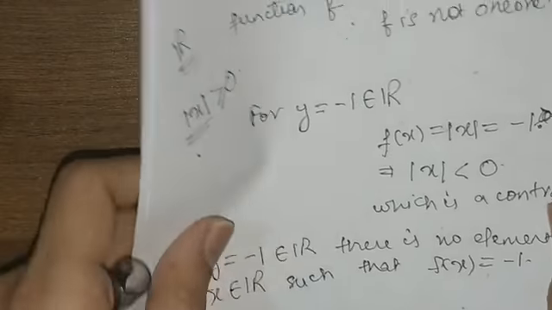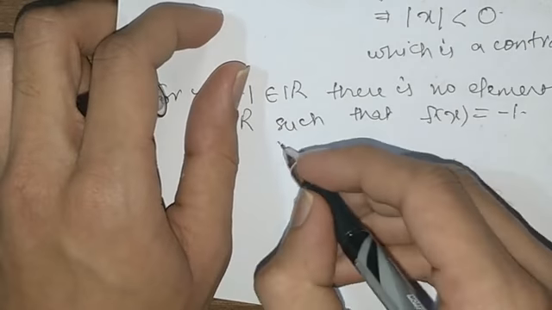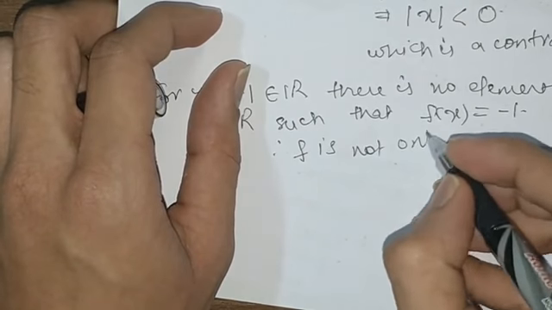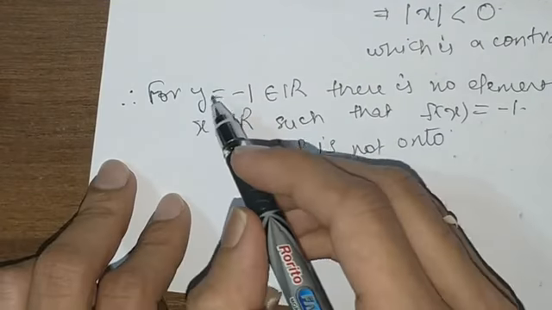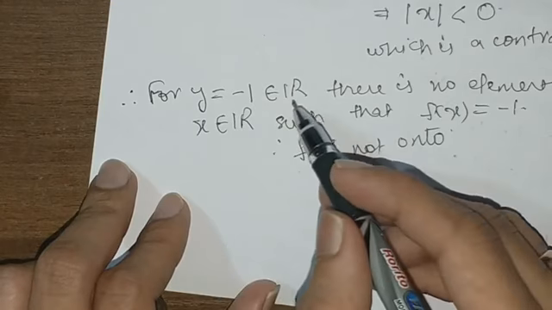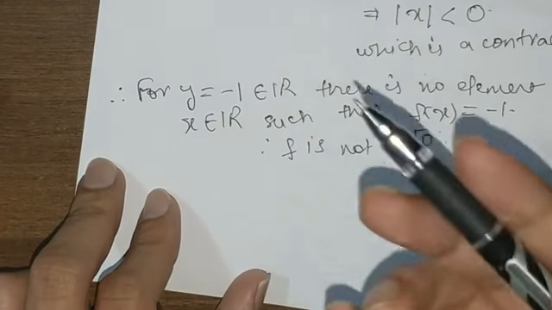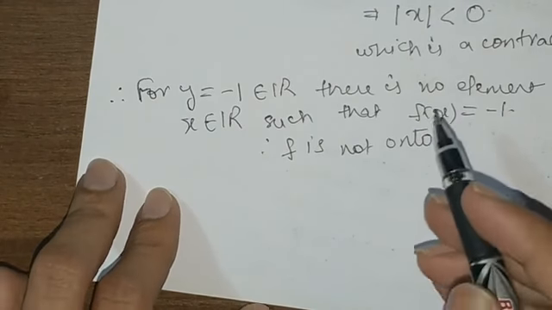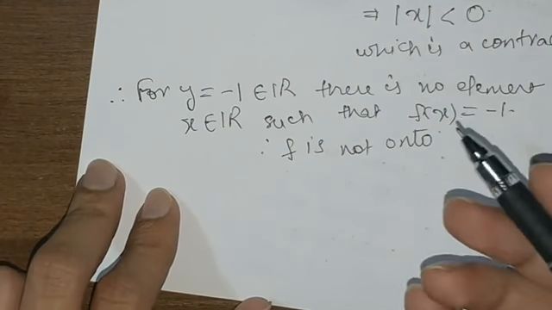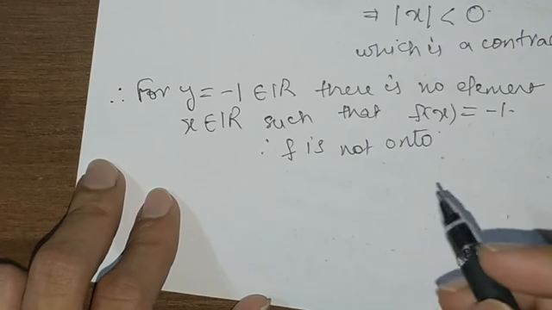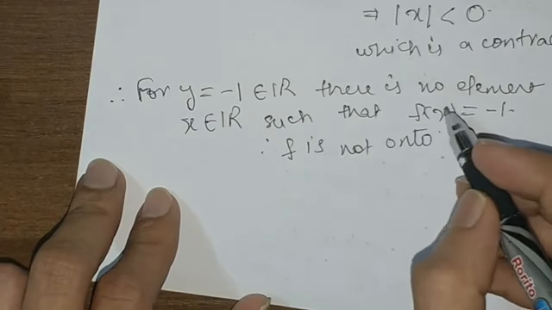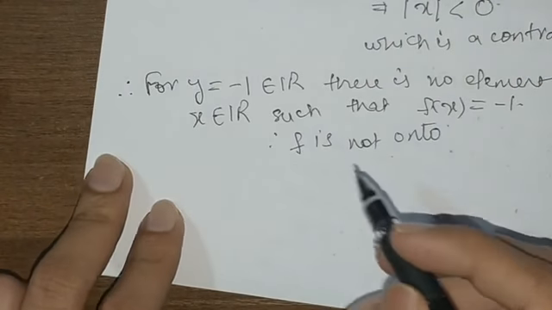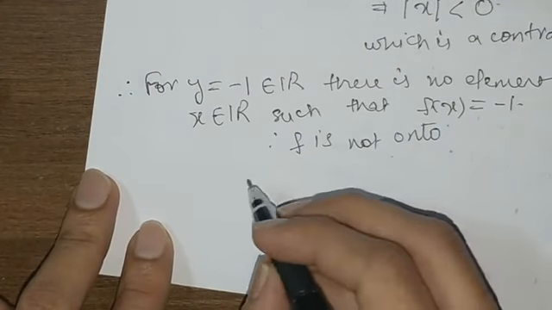So therefore f is not onto, because you have found one element, minus 1, in the codomain that doesn't have an element in the domain which is mapped to it. That is, f(x) equal to minus 1 you cannot get, because you cannot get an x in the domain such that f(x) is equal to minus 1. So therefore f is not onto.